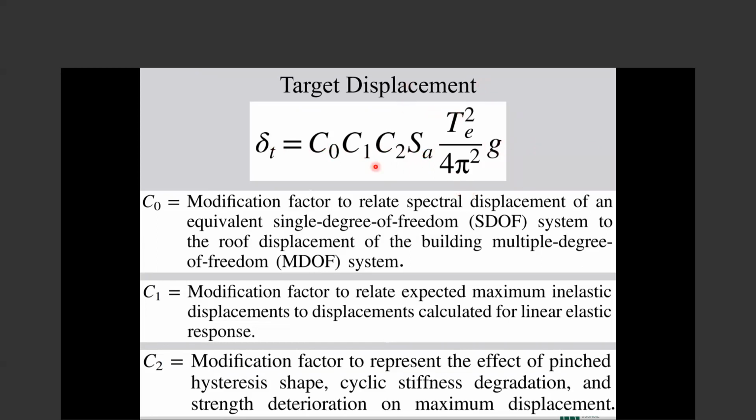Other than that, there is SA, and the previous one is A times G, because usually SA is a factor of G. So to make it meters divided by square seconds, multiply by G. Then we have three factors that we should discuss a little bit.